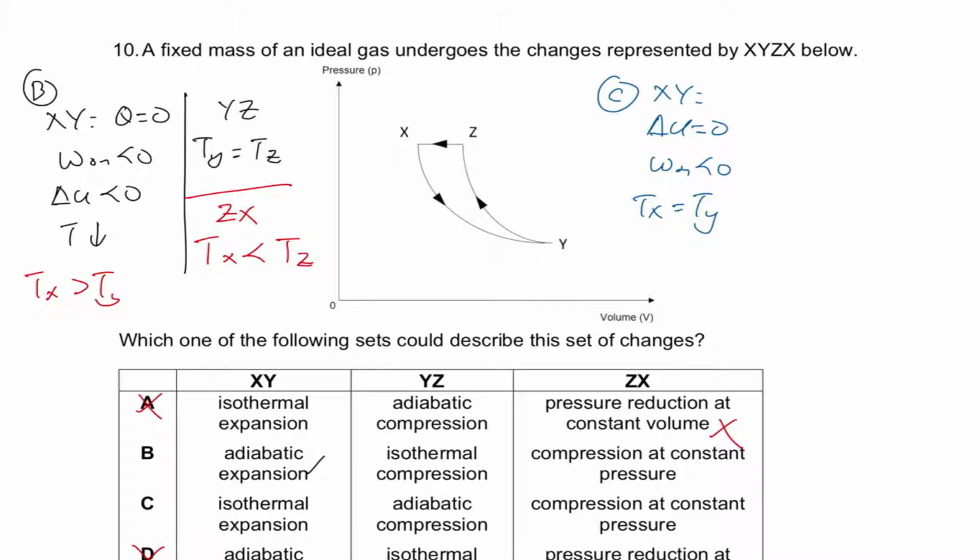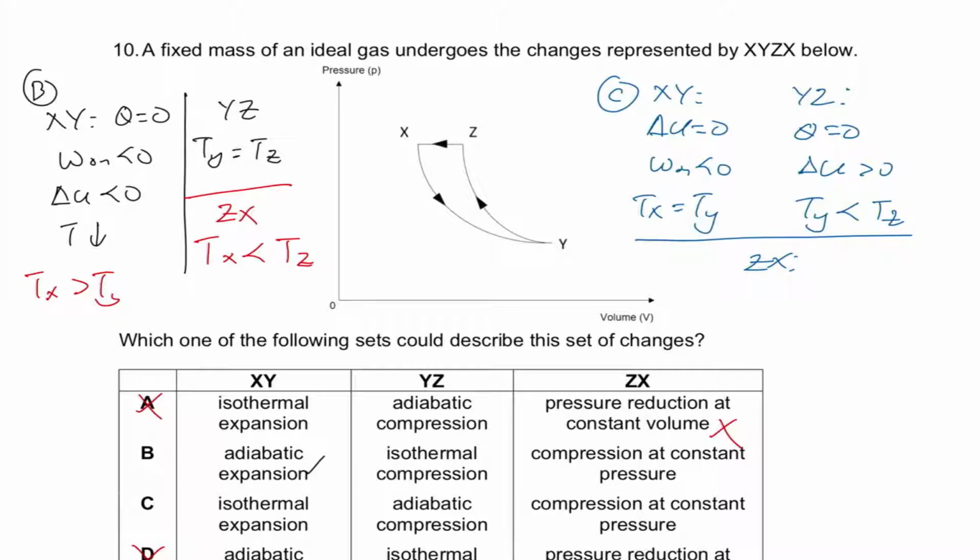Then you have adiabatic compression, Y to Z. So Q is 0. Because it's a compression, my delta U is more than 0. That means temperature of Y is less than temperature of Z. Then you do a compression from Z to X, lowering the volume.